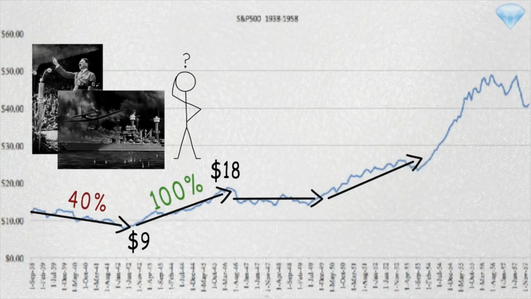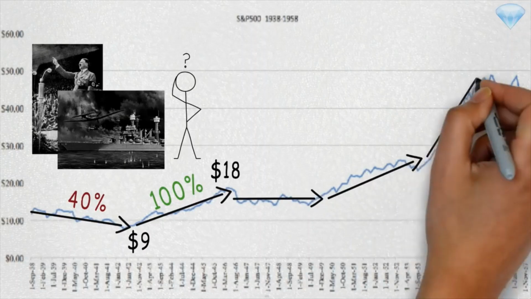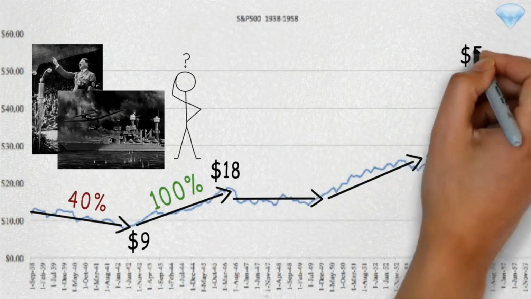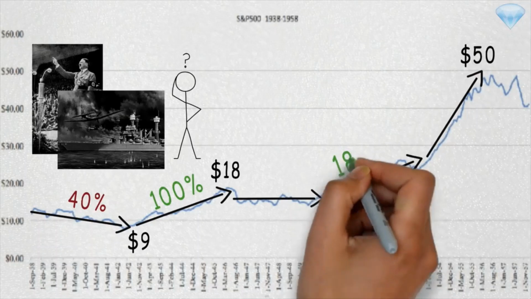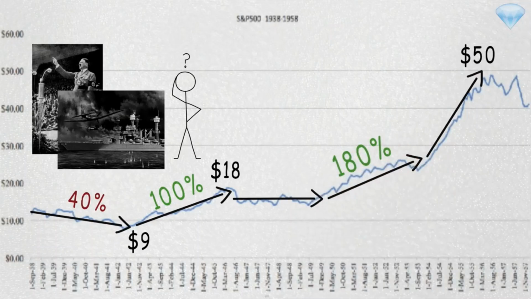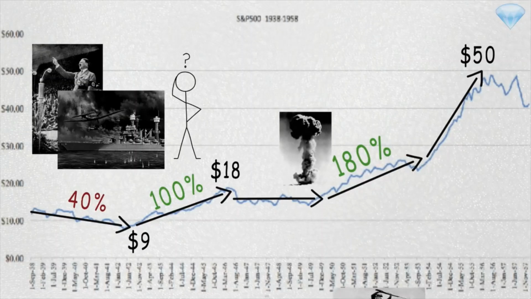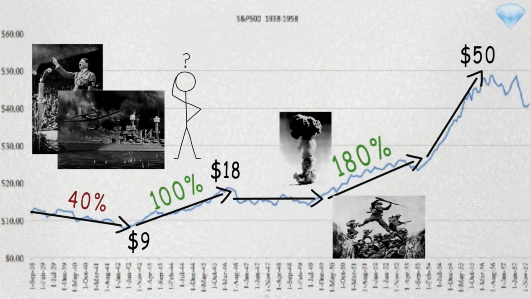It had some corrections and moved sideways for almost 5 years until it gained more momentum. From 1948, trading around $18, it increased all the way to $50 in 1956. That would be a 180% increase. While violent events continued to happen around the world, such as the USSR exploding its first atomic bomb in 1949 and the Korean War in the early 1950s, the stock market was sensitive to those events, but it continued to go up and up and up.